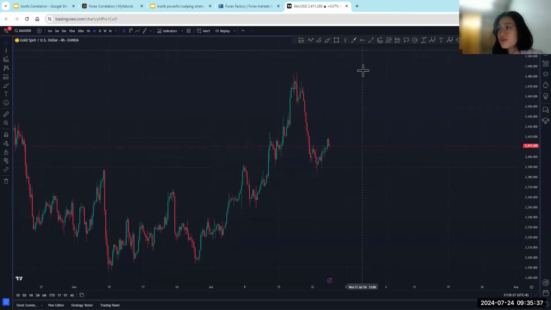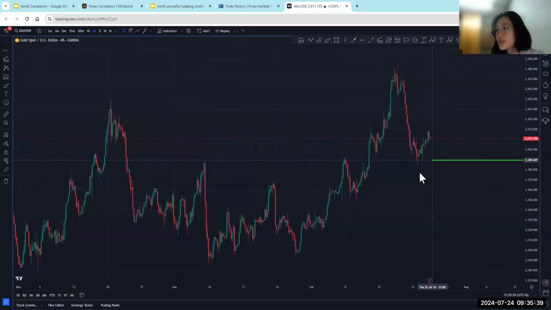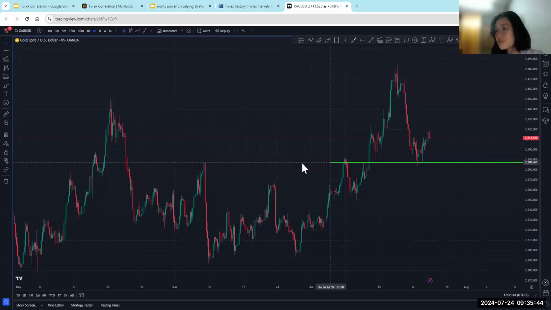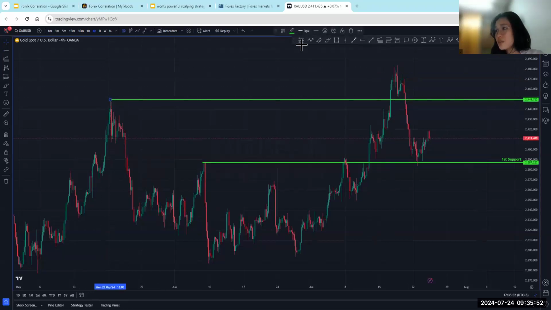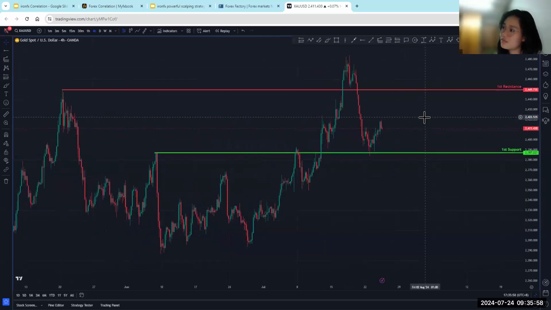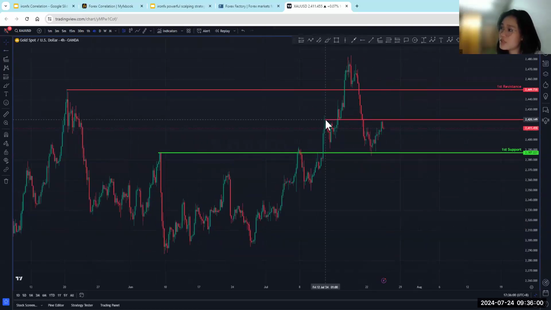First thing, I'm gonna start off with our first support over here. For my first resistance, I'll maybe label it here. And my pivot, I'll just label it here at this swing high.